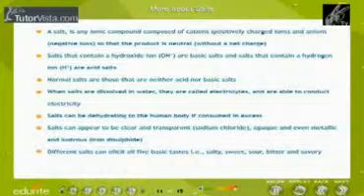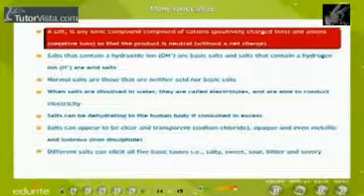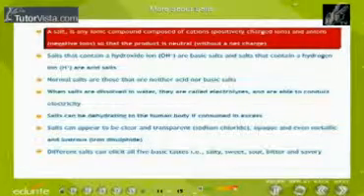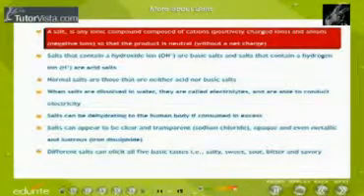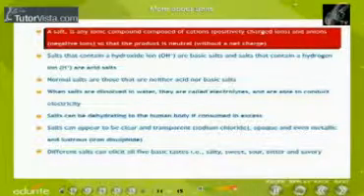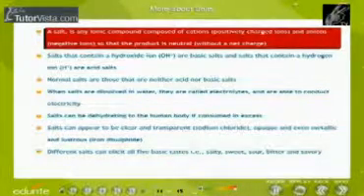More about salts. A salt is any ionic compound composed of cations, positively charged ions, and anions, negative ions, so that the product is neutral, without a net charge.